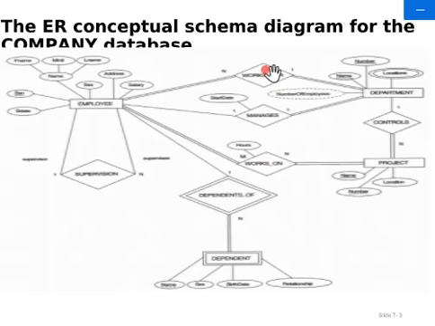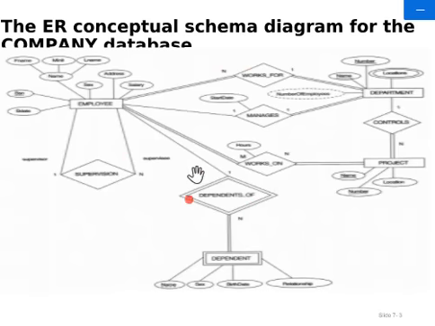Here in this diagram, you can see that we have entities like employee, department, project, and a weak entity like dependent. Whichever is given in the rhombus, we call it a relationship type. We have relationship types like works for, manages, controls, dependents of, works on and supervision.